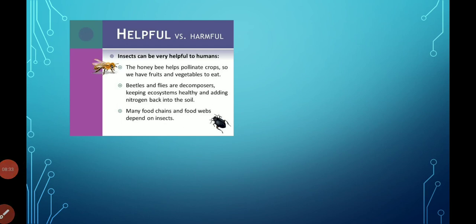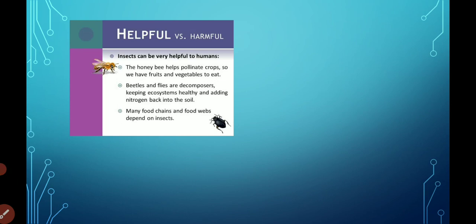Insects can be harmful to humans. Insects can be useful to humans. The honeybees help pollinate crops, so we have fruits and vegetables to eat. Pollination transfers the pollen grains from the male reproductive part to the female reproductive part, anther to stigma.